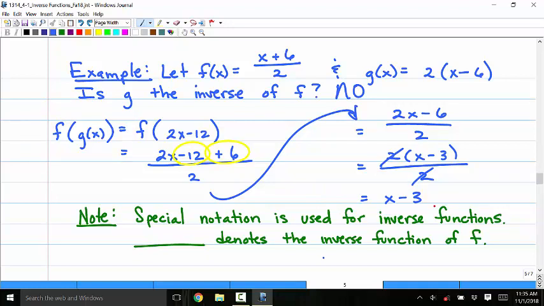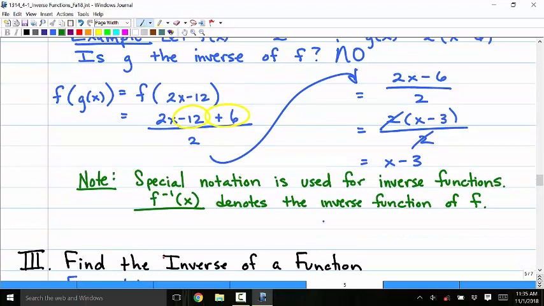Okay, some special notation. Special notation is used for inverse functions. The inverse function of f is this. It's a superscript of a -1. You read that f inverse of x.